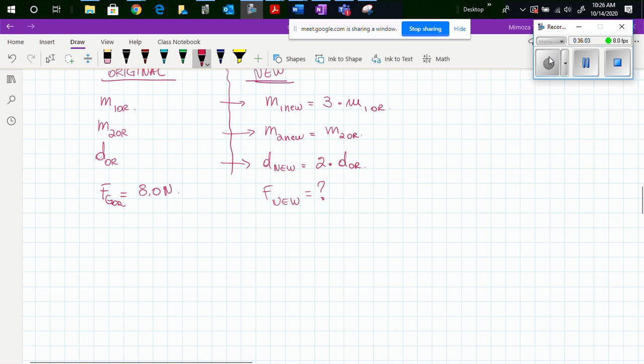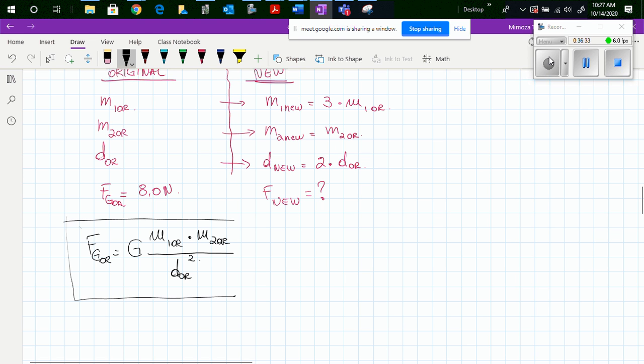If we write, based on the relationship that we know, that the force of gravity is capital G, mass 1, mass 2 over d squared, we can say that for the original situation, the force of gravity can be written like this: capital G, mass 1 original, mass 2 original over d original squared.